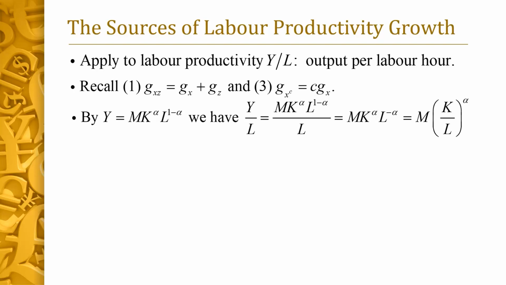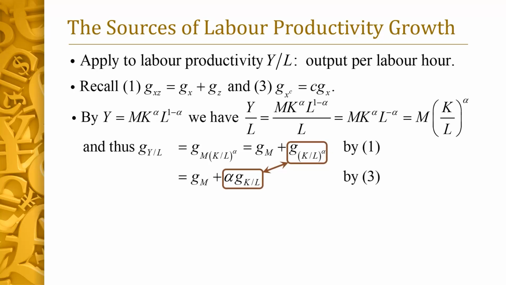We next take growth rates of both sides and then apply rule number 1 to convert the second growth rate to the sum of MFP growth gm and the growth rate of K over L to the power alpha.